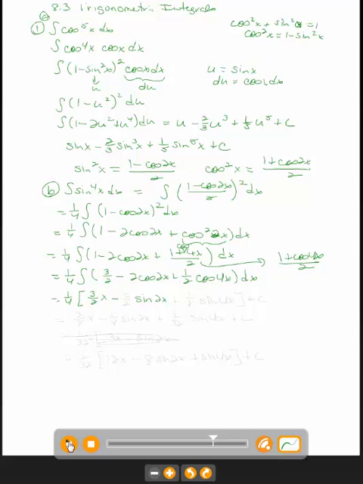So I need a 1/2 in front. It's going to be 2 over 2, so that's going to go away. And then here, the integral of cosine, again, is the sine. But I have to put a 1/4 in front to counteract the derivative, which is 4. So that makes that a 1/8.